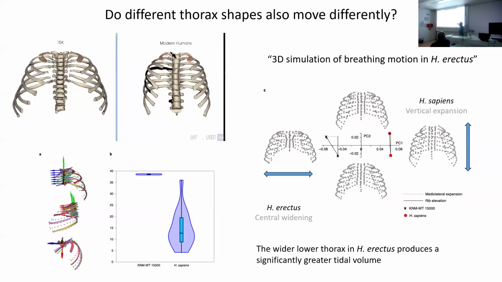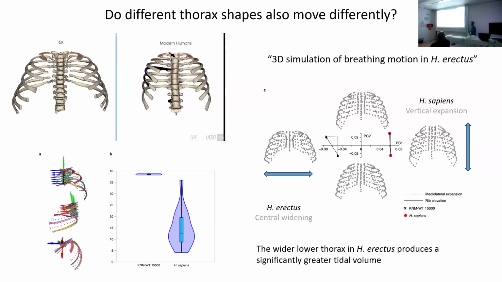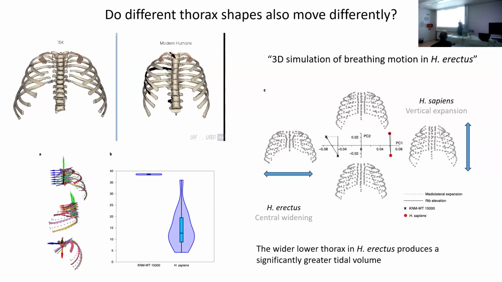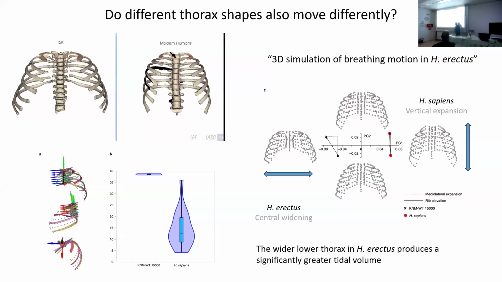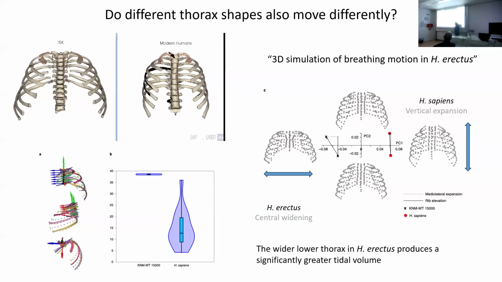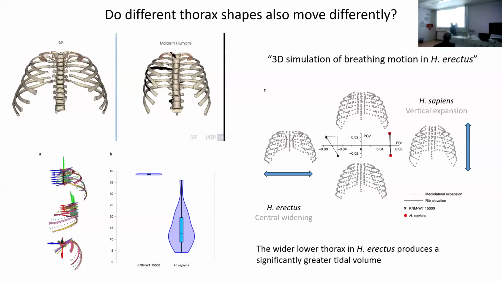And because we analyzed this motion study with landmarks, we can represent these shape changes here in this PCA, where you can see that the modern human changes mainly in a superoinferior direction, whereas the Homo erectus reconstruction has this mediolateral component in the inspiration.